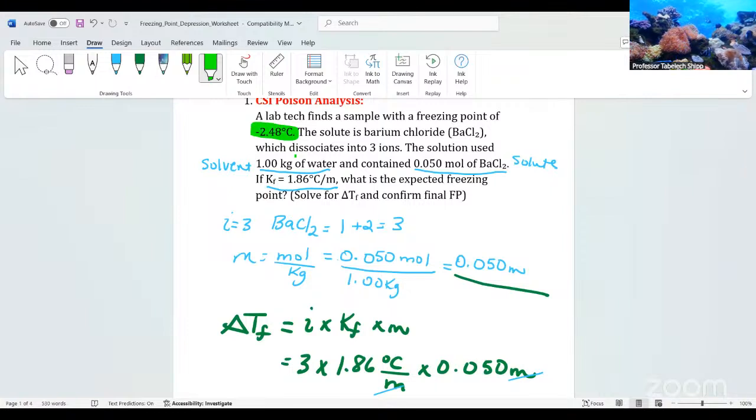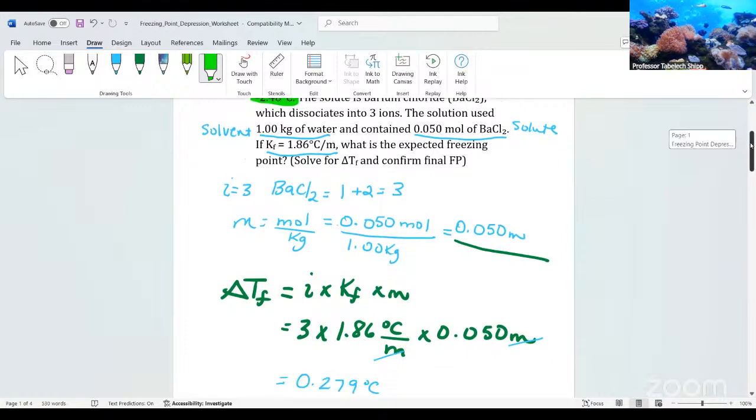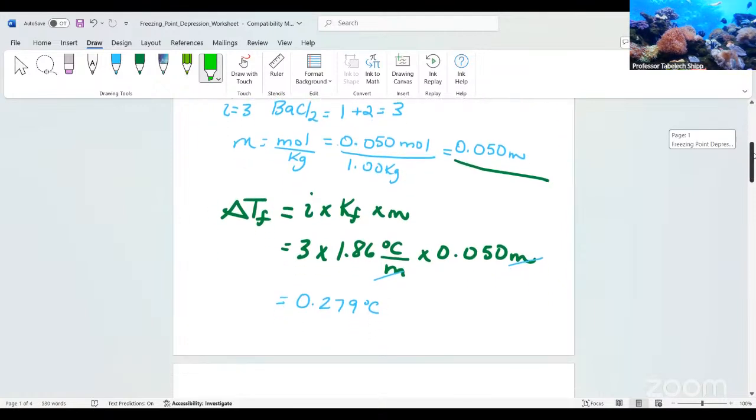Guess what? We cannot forget that negative in terms of our number, because we have to use that as a part of our final answer. So here's what I'm going to show you here.